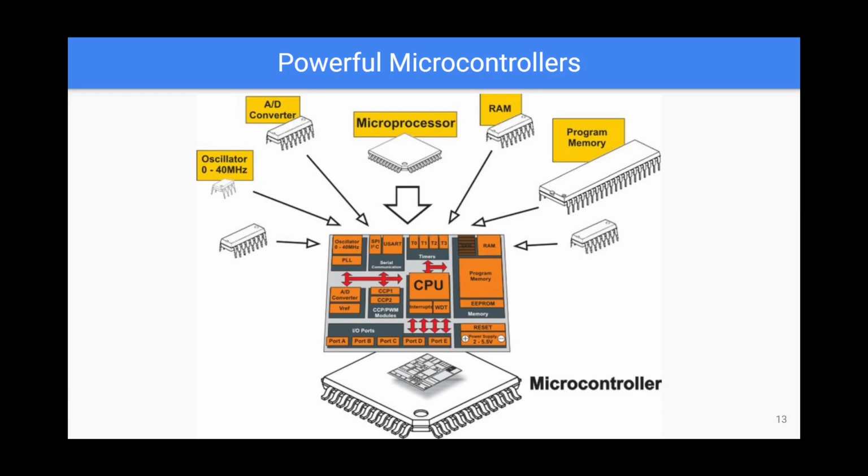Okay, so we discussed the simple block diagram of a general purpose microcontroller, but some of the powerful microcontrollers have many blocks inside them. As you can see here, A to D converters are basically called analog to digital converters. They convert analog signals to digital, so they are part of powerful microcontrollers. Similarly, DAC stands for digital to analog conversion, which is not mentioned here.